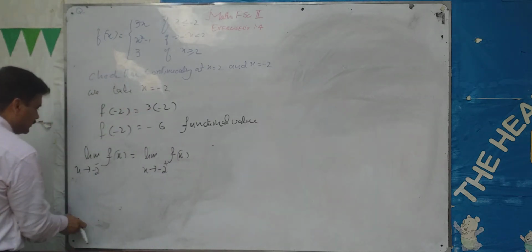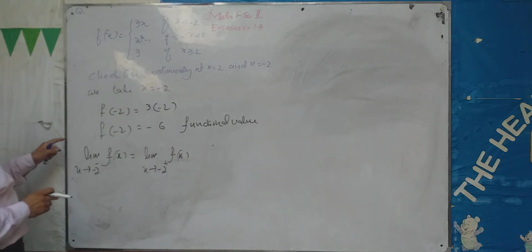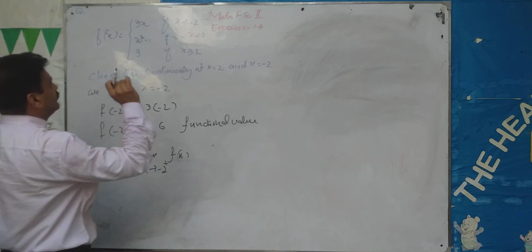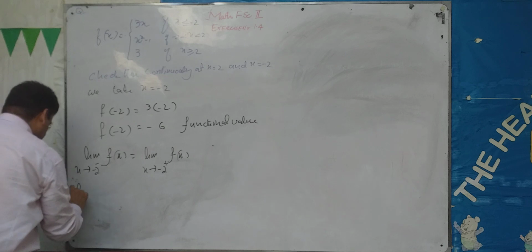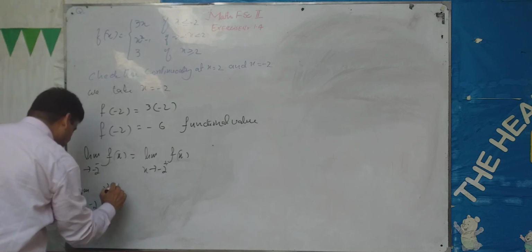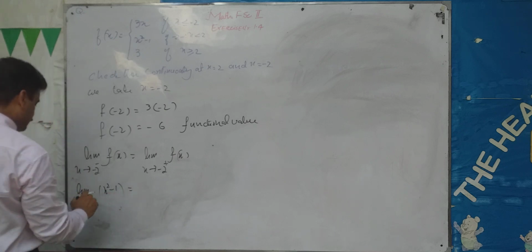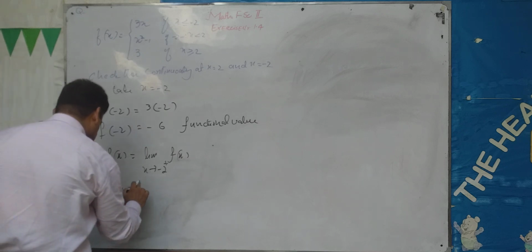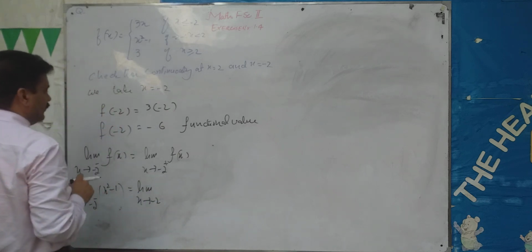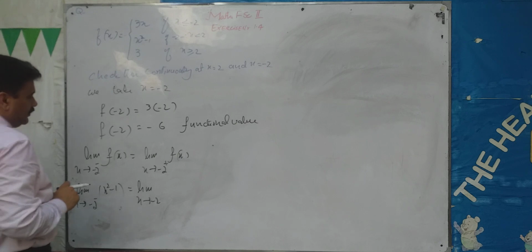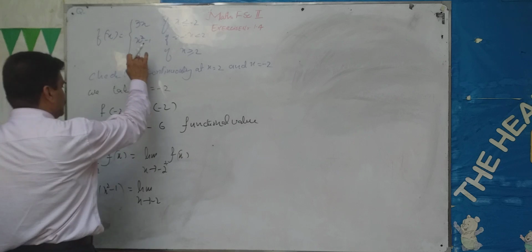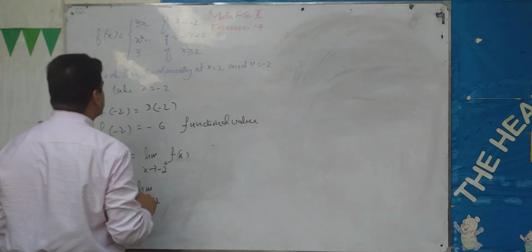For the left hand limit, x approaches minus 2 from a value lower than minus 2, we take the function x square minus 1. For the right hand limit, when x approaches minus 2 from a higher value, we take the function which is 3.